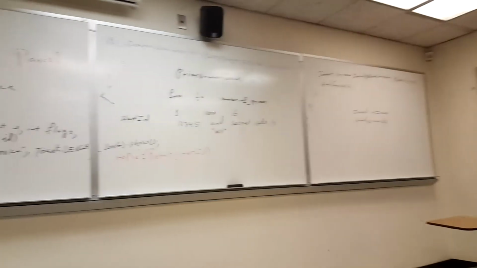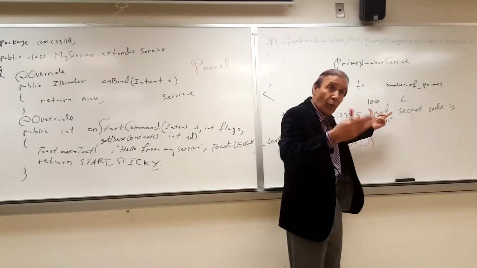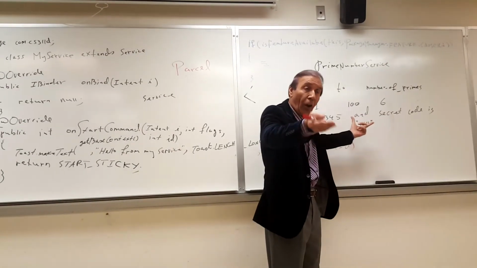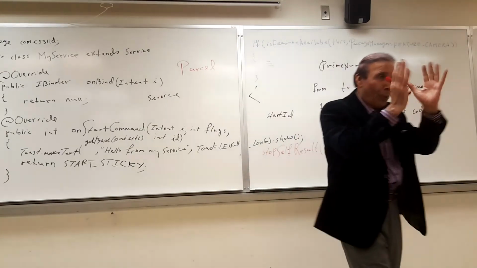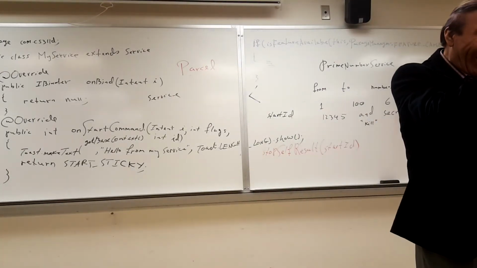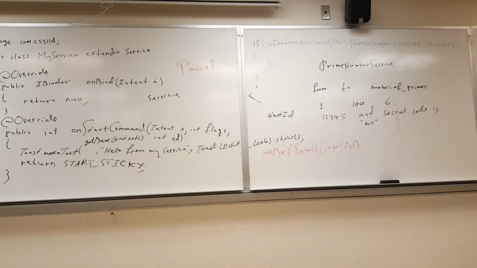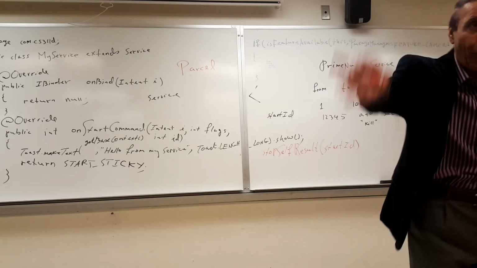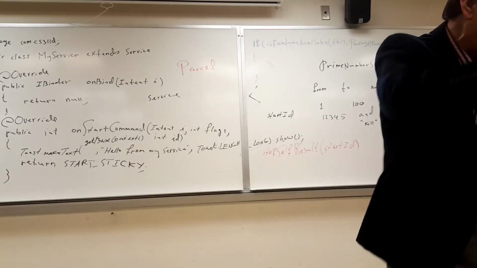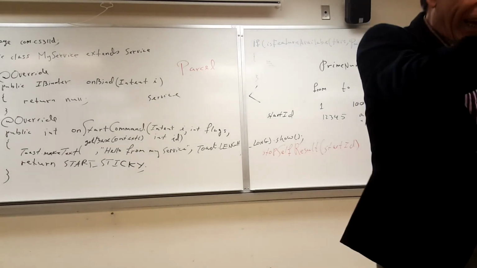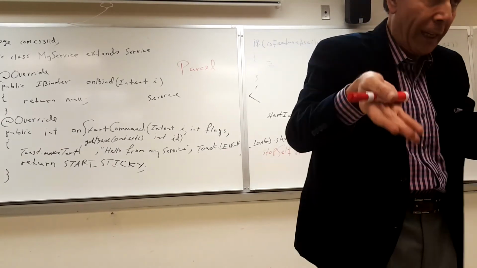The Parcel class allows us to do the serialization and the opposite, unserialization. It's like a parcel. You're going to put the data in a parcel, serialize it, send it to the service. The service is going to unparcel it, get it, and when the service wants to send you the result back, it's going to parcel it and send it to us, and we're going to unparcel it, okay?